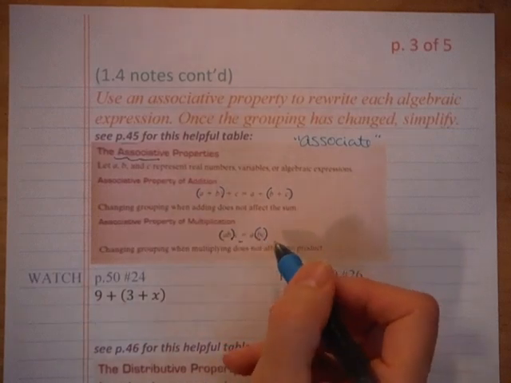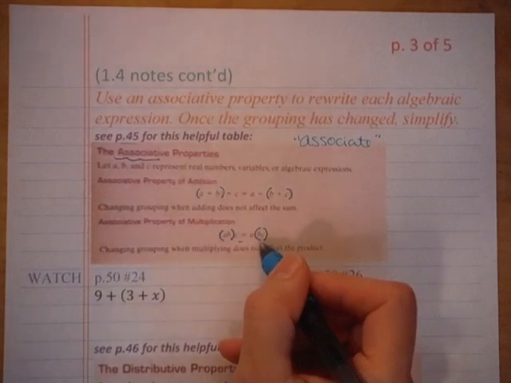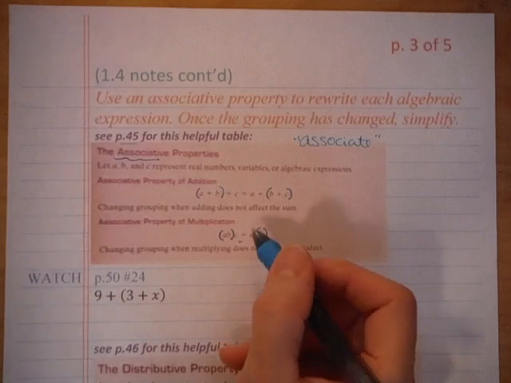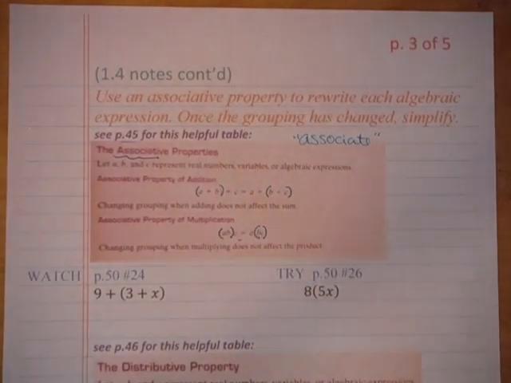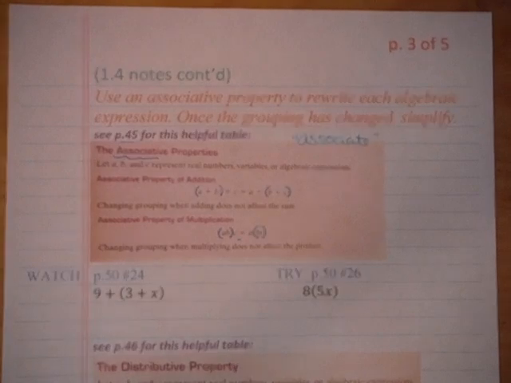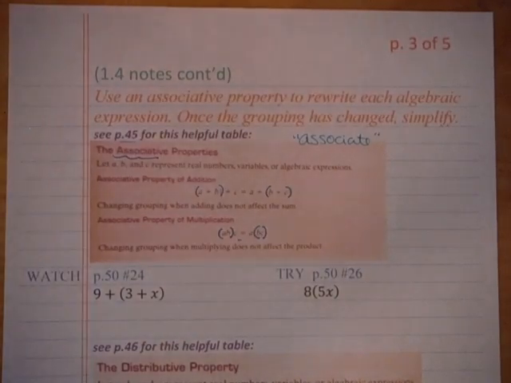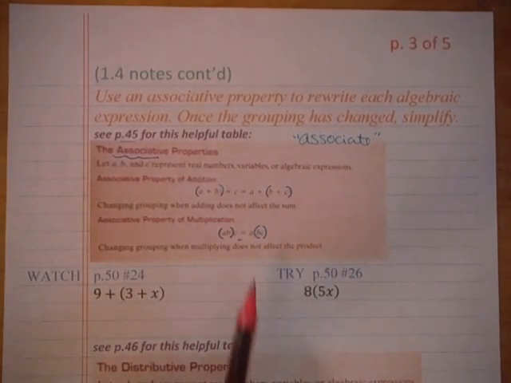If you're having an instinct to distribute every time you see parentheses, make sure you come talk to me about that, get some help in class, whatever it takes, because distribution is meant to be multiplication across addition, not across anything else, okay? This is just a way to decide which two to do first, and then you multiply by the third.